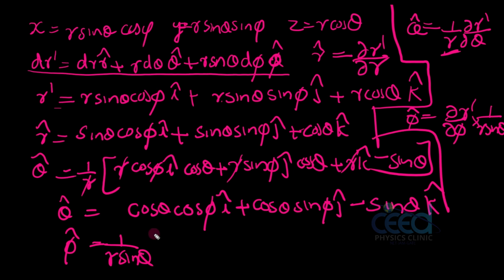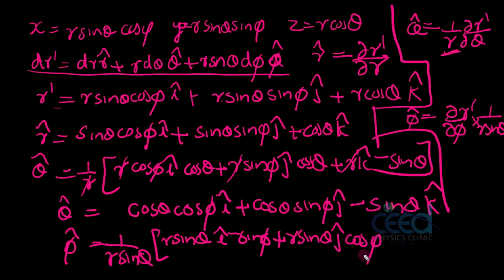So r sin θ î is a constant, and cos φ on differentiating gives minus sin φ. Plus, r sin θ ĵ is a constant, and when I do sin φ I will get cos φ. Here we have no term representing φ, so this part will be 0.